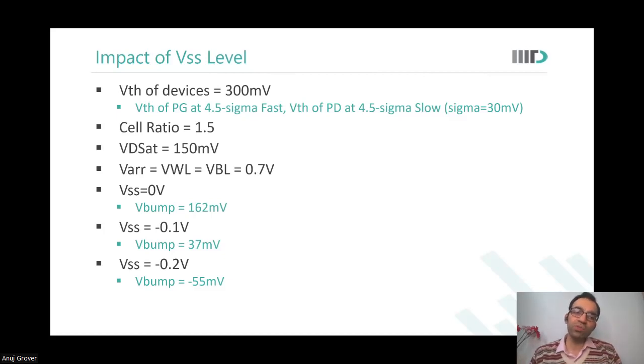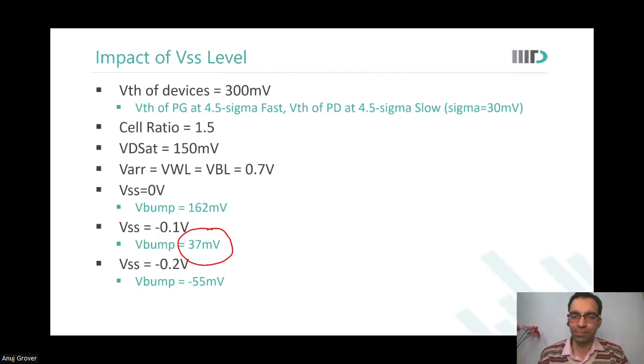What happens when you have a negative VSS? What happens to the read current there? Increasing. The read current would also increase. See, essentially all that you're saying is if V bump is reducing, then the VDS across the pass gate has increased. So read current would improve.